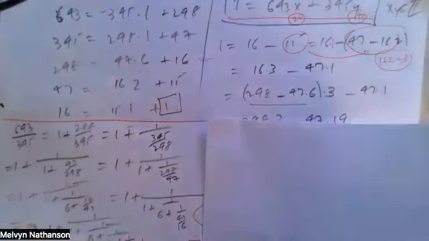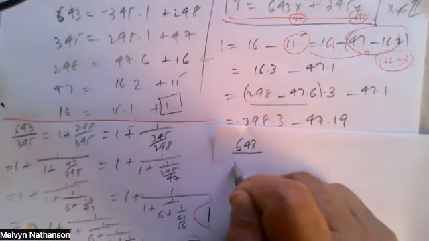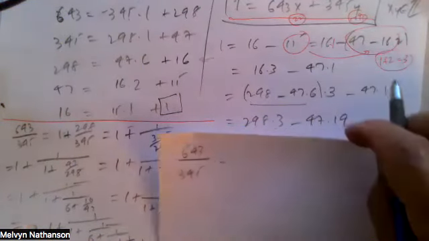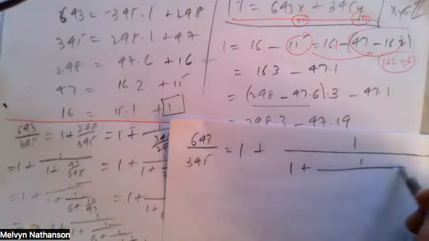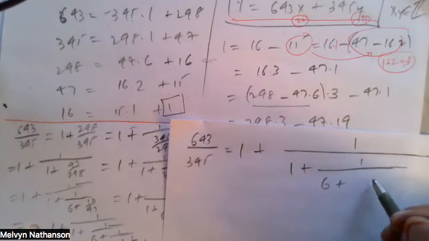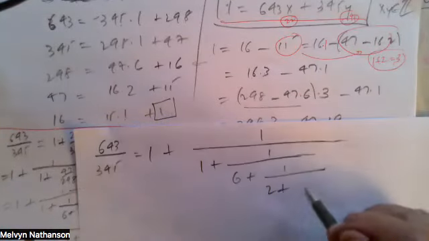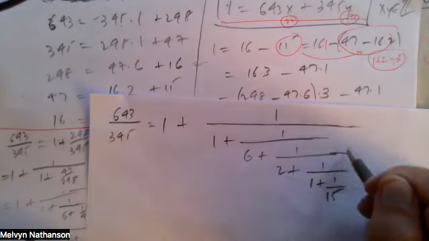So I get this continued fraction, 643 over 345 is equal to 1 plus 1 over 1 plus 1 over 6 plus 1 over 2 plus 1 over 1 plus 1 over 15.